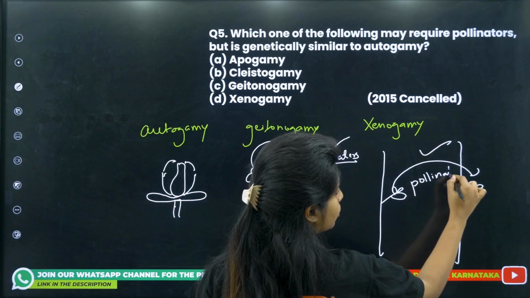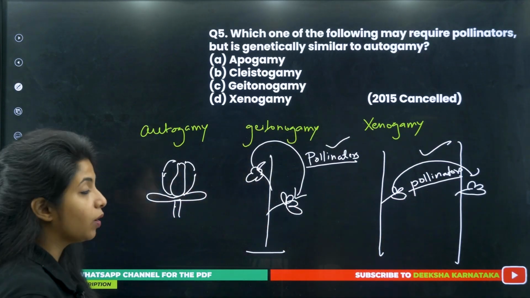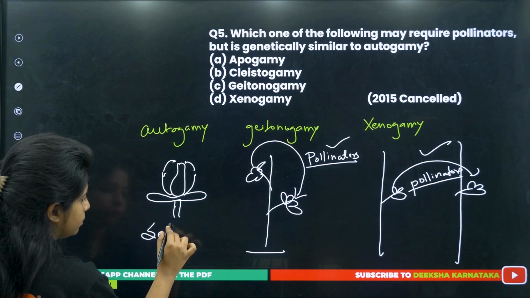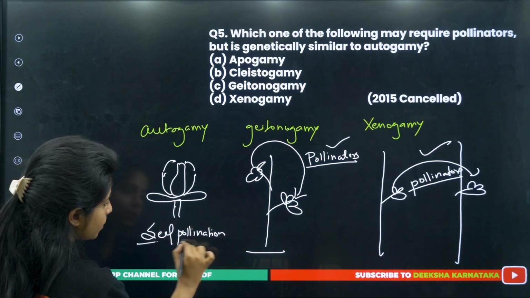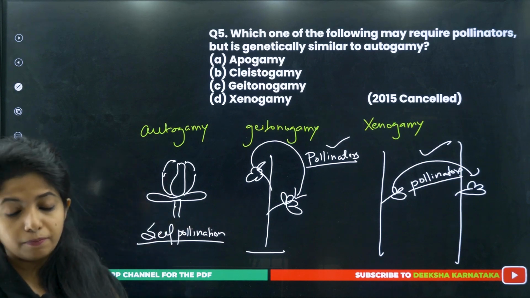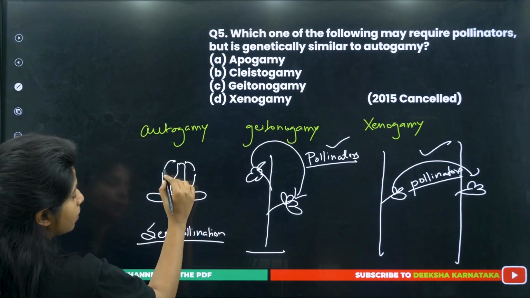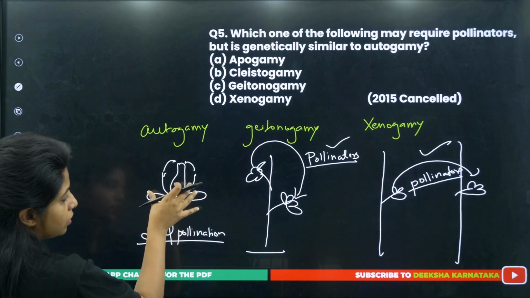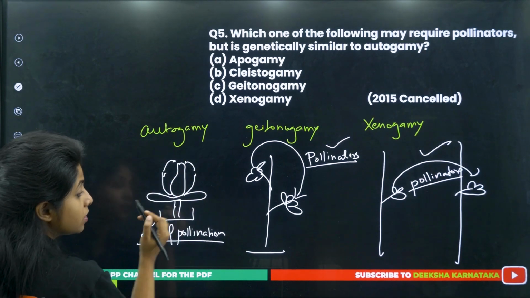But there's a second part of the question which says it is genetically similar to autogamy. What do you mean by autogamy? Self-pollination. Basically, self plants, the parts of the flower which are genetically similar are fusing. So basically this particular stigma and the pistil and the stamen are both of the same plant on the same flower.